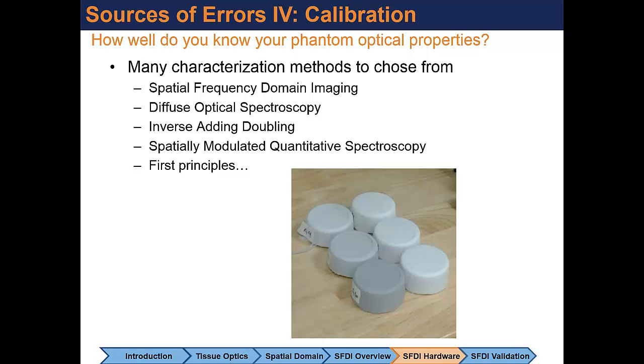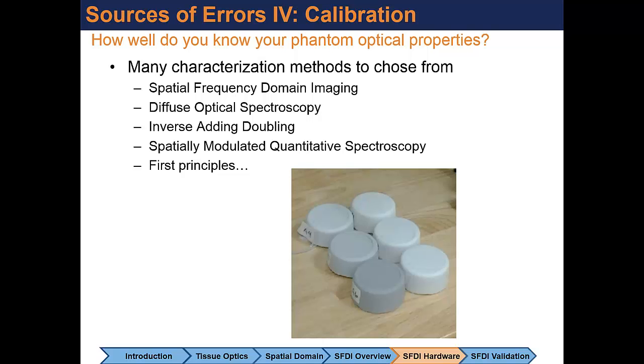That was described, I think, probably in this lecture yesterday, perfect. Spatial frequency domain imaging is an emerging approach that might be really good for characterizing phantoms. Diffuse optical spectroscopy has always been the thing that we went back to, coming from the Beckman Laser Institute. We have these very quantitative time and frequency domain devices that allow us to do it.